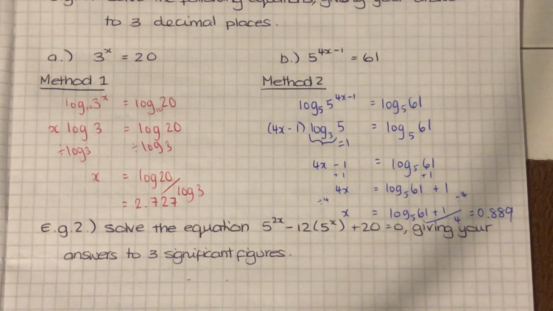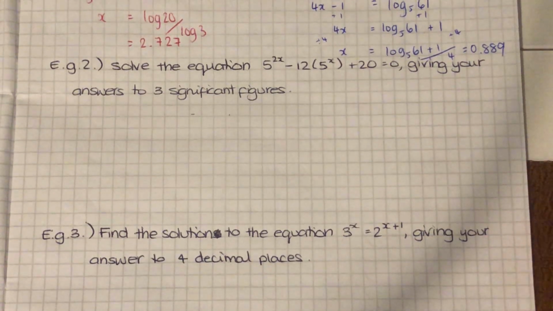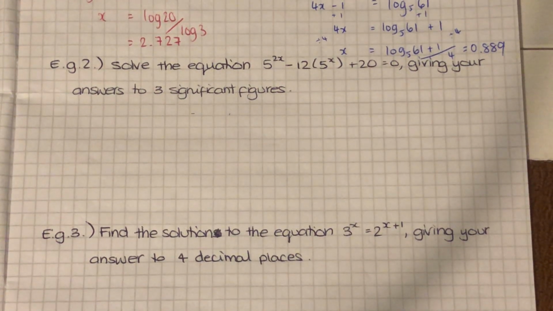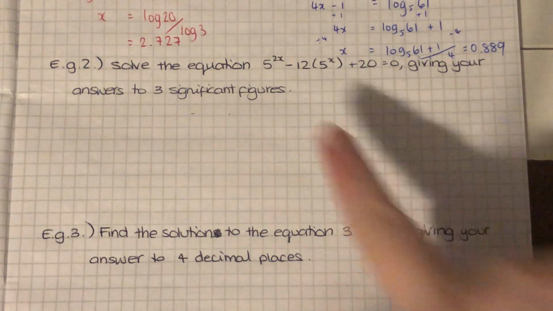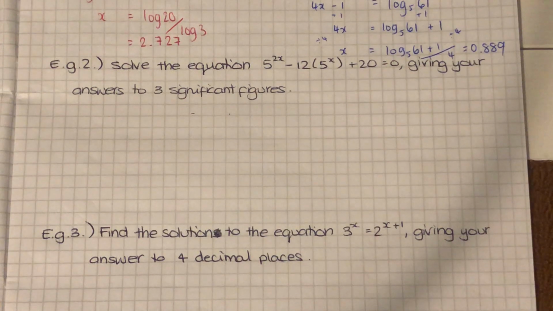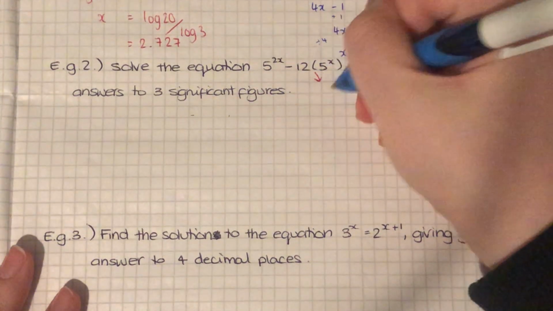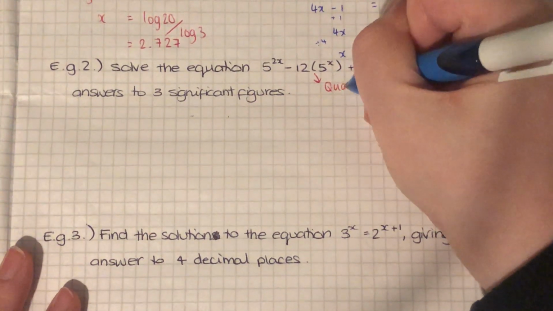So they're the basics. So now I'm going to move a little bit harder. So example 2, solve the equation 5 to the power of 2x minus 12 bracket 5 to the power of x plus 20 is equal to 0. Give your answer to 3 significant figures. So when you have ones like this, you've got to identify straight away that this is actually a quadratic.